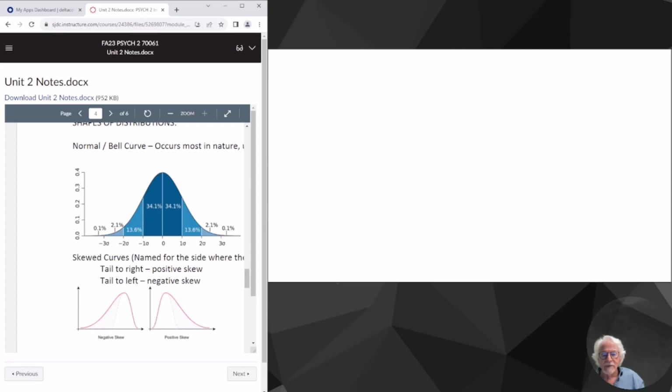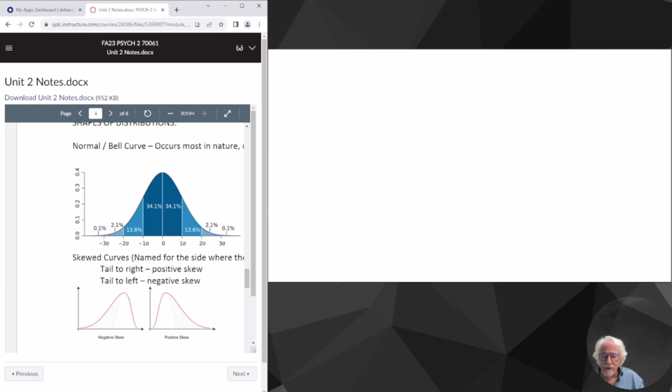And what I mean is most of the people scored here, but unfortunately one or two people, which we will call outliers, which you'll learn more about later, scored very low. And so this table has a negative skew to account for those people.